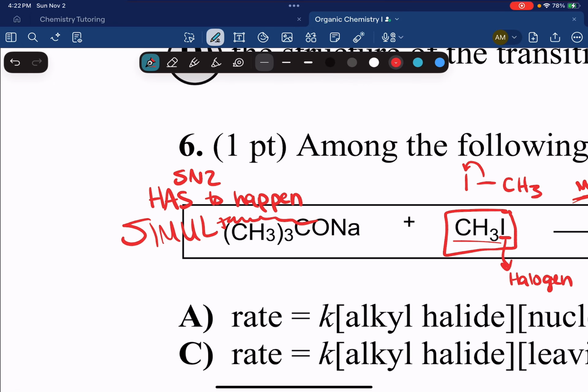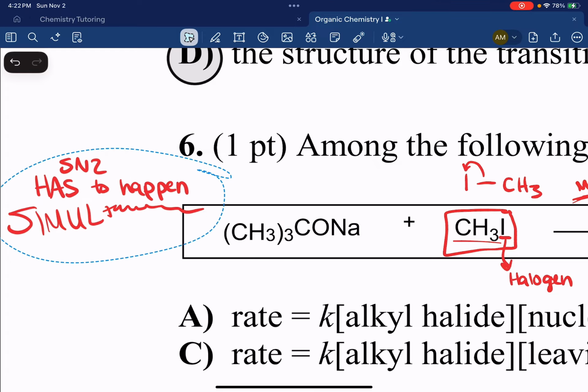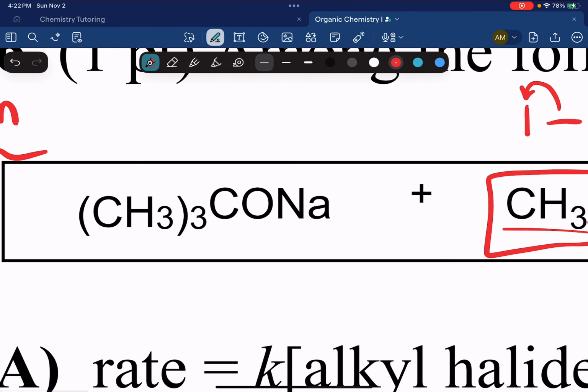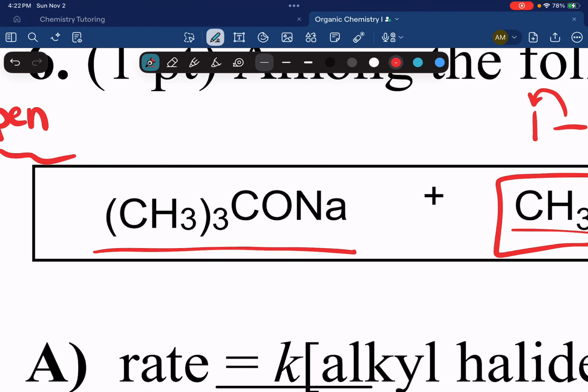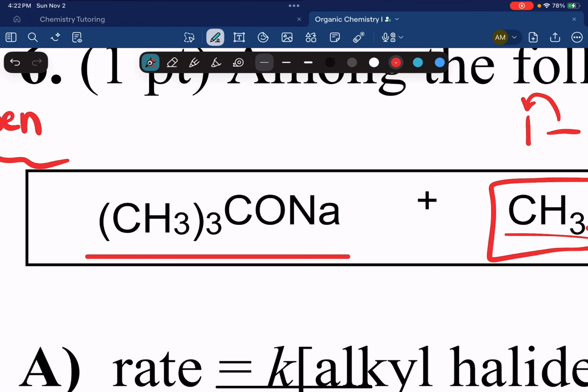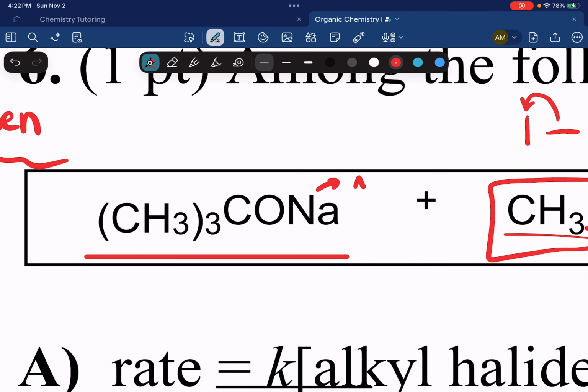Now, let's further dissect this problem. I want you guys to be able to recognize everything. This is our nucleophile. Why? Because this is really off on its own. You have sodium chloride and things like that, and you're never worried about the sodium. The sodium creates an ionic bond, and when we draw ionic bonds, it's literally just this.